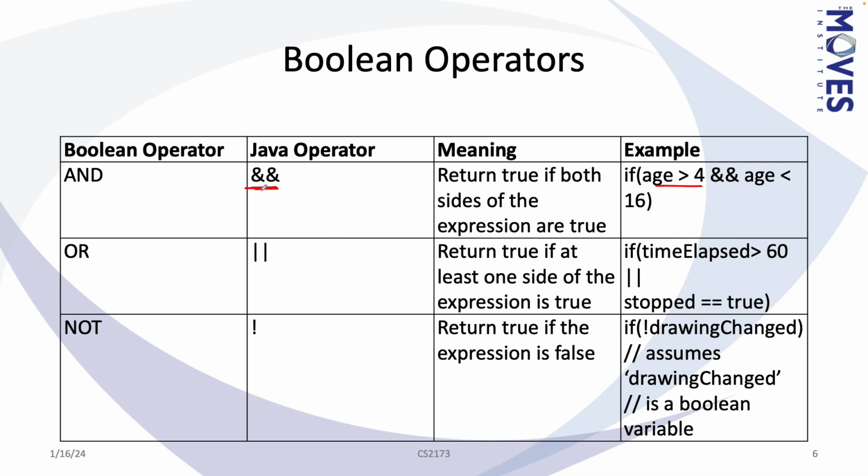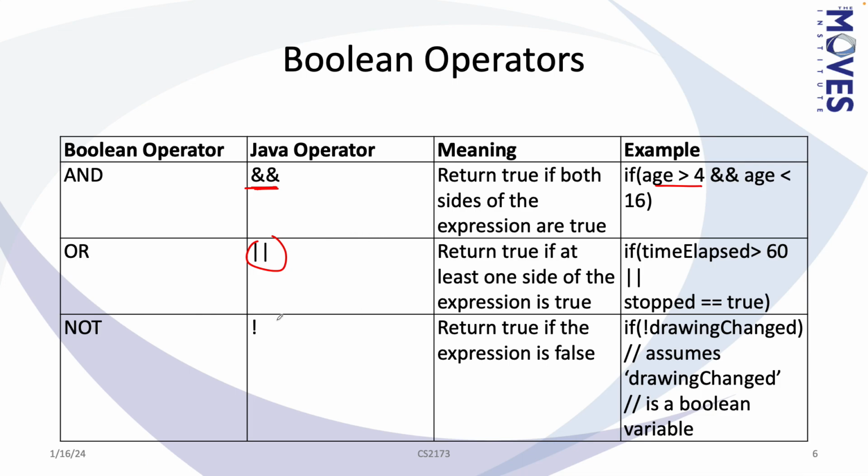But just be careful, because if you put a single ampersand, then sometimes Java will think that you're doing bitwise stuff. Syntactically, it may actually work. So if I have a single AND and I have integers that I'm comparing, it'll do bitwise stuff and not what I'm really trying to do. Okay, the OR is the double pipe.